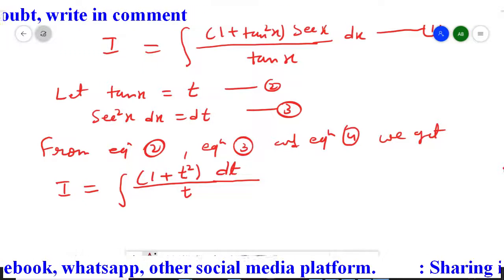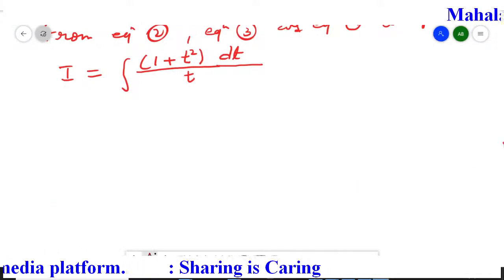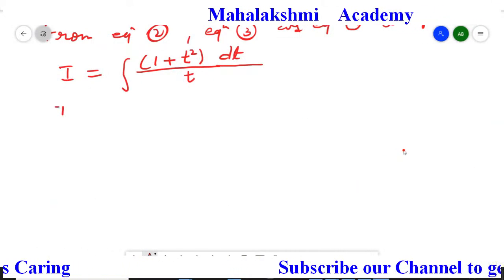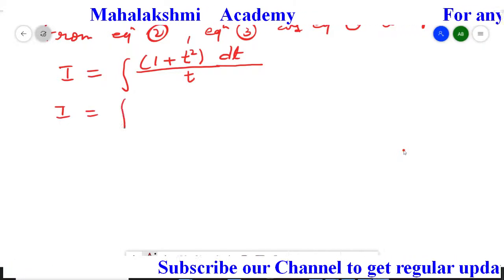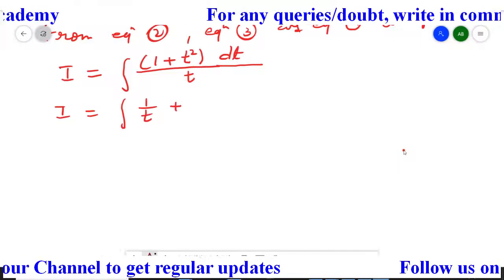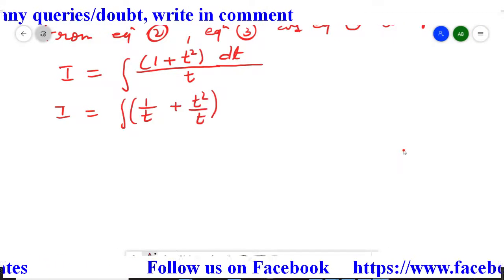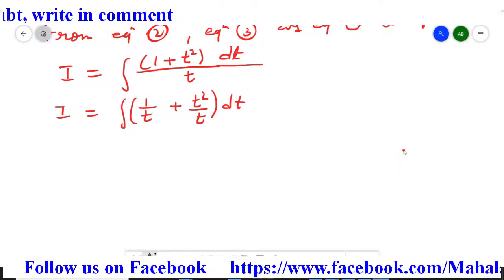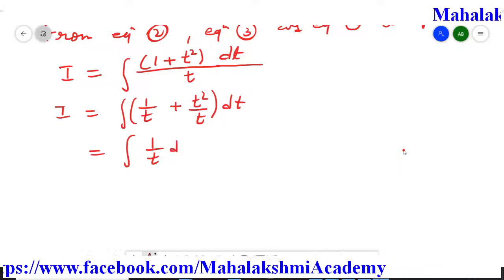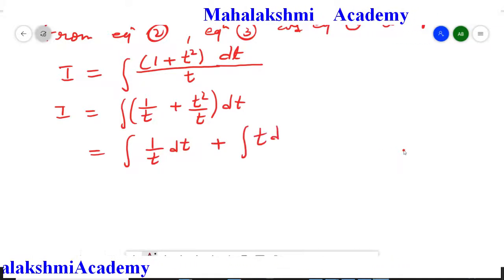Now we separate them. So I is equal to integration of, when we separate the denominator, it is going to be 1 upon t plus t square upon t, and bracket close dt. I am going to separate both the integrations. So it is going to be 1 upon t dt, plus here t and t will cancel, so we will get t dt.